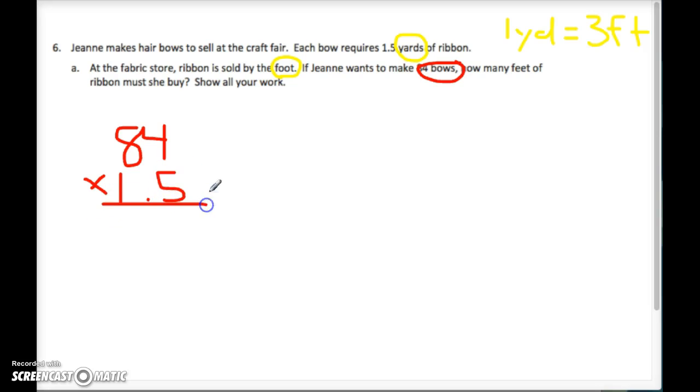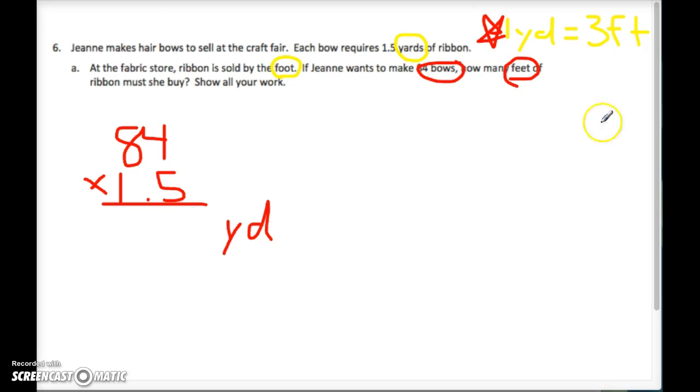I am not going to answer this question because it says how many feet of ribbon must she buy. If I do 84 times 1.5, I am only going to get yards. I'm going to need to convert that into feet in order to finish that. So I will have to go back to this conversion that I pointed out here.